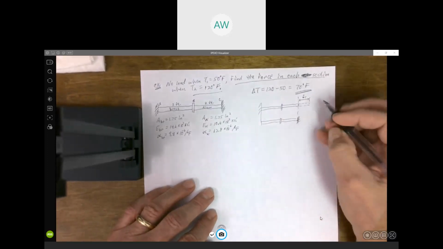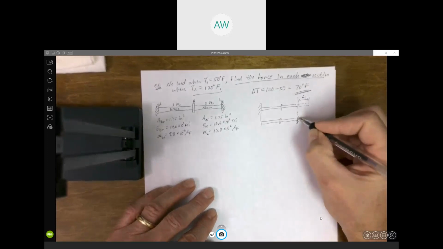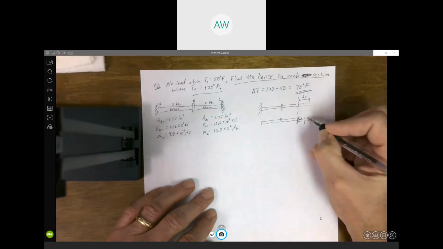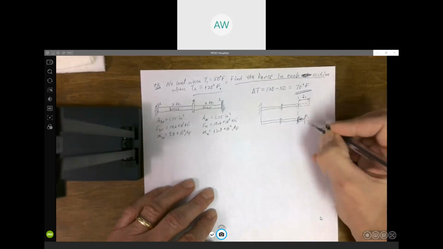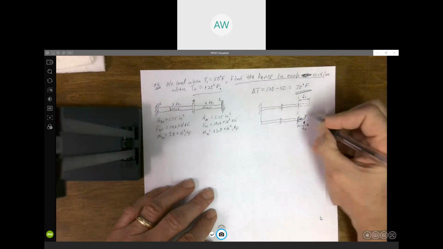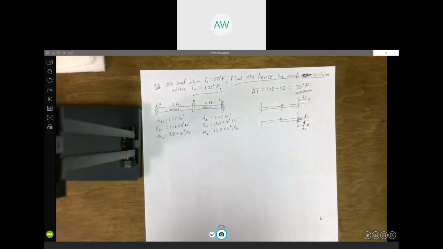So this wall is generating that force that's going to push this thing. We've got this compressive force P here. It's going to push it back in some amount. So the total deformation is going to be zero. It cannot get longer or shorter.